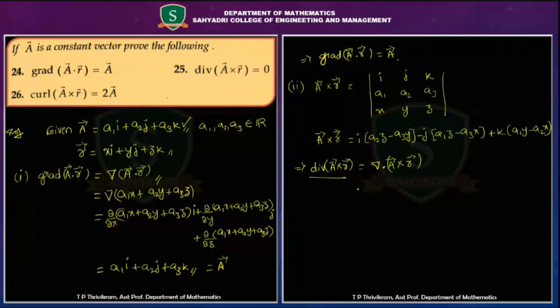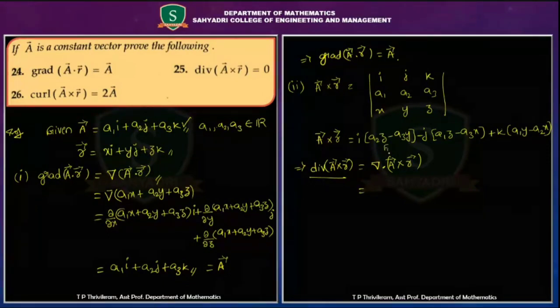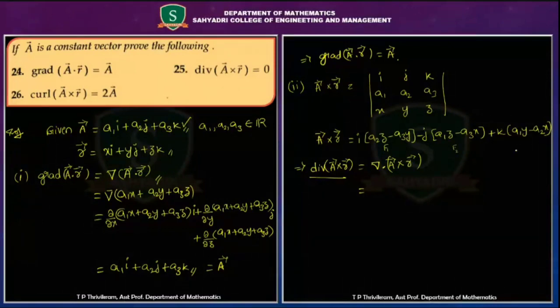Now this one is equal to, you can differentiate it, right? Take this as f1, this as f2, this as f3. Differentiate f1, f2, f3 with respect to x, y, and z.